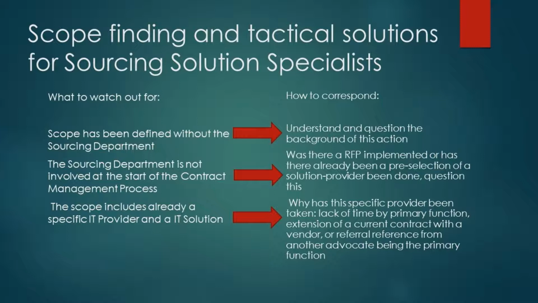If this has already been done, why has this already been done? You should ask yourself this, because this is actually called maverick buying. This is leading not only to looking at the scope, but as a next topic, that the supplier has already been discussed or looked at, and they have been implemented already in order to be pre-selected.